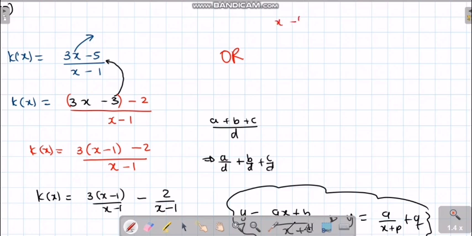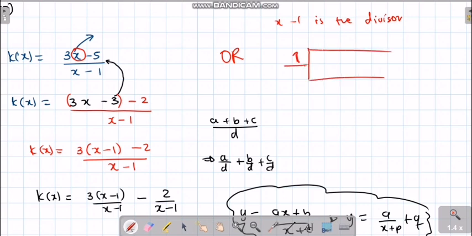Since x minus 1 is a divisor, I want to know, if I were to substitute positive 1 where you see x, what should be the remainder. Then I'm done. So now let's check our synthetic division. I'll put positive 1 here, and then I'll put the numbers 3, minus 5. Then I'll say 0.